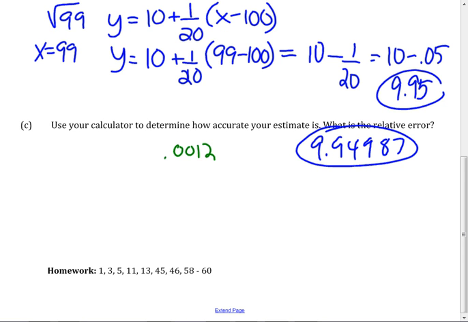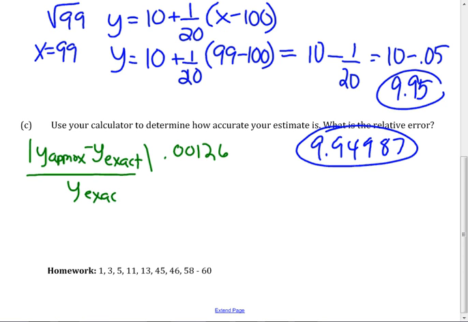Yes. You do the difference between y approximate minus y exact. It doesn't matter. Absolute value of that, and divide it by y exact. So I'm not done.